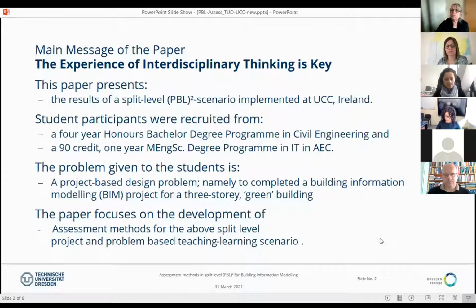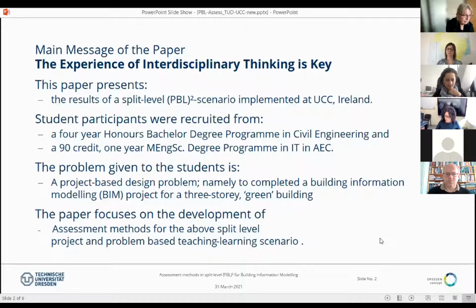We had students in that course from an honors bachelor degree program, a 4-year program in civil engineering. But we also had participants in that project-based course from a 90-credit, 1-year master degree program in information technology in architecture, engineering, and construction.